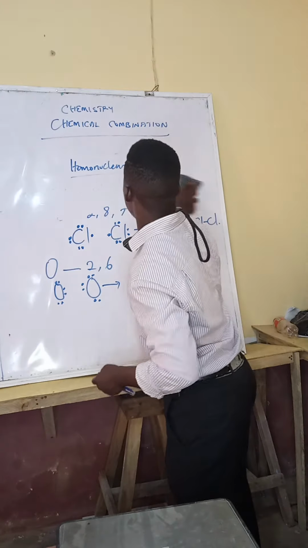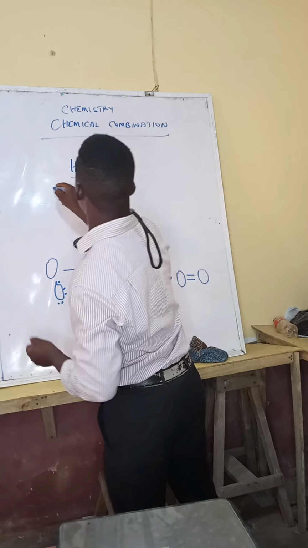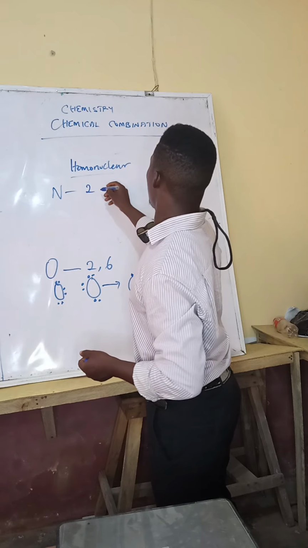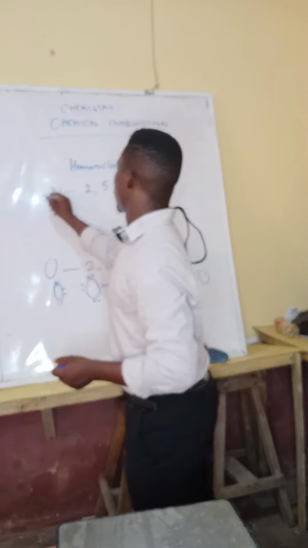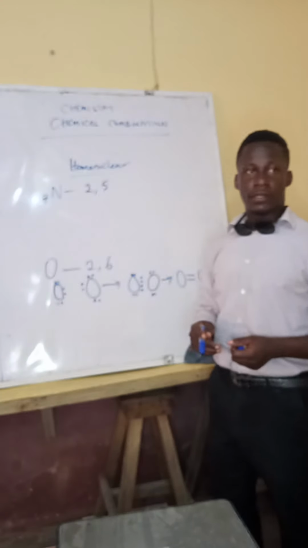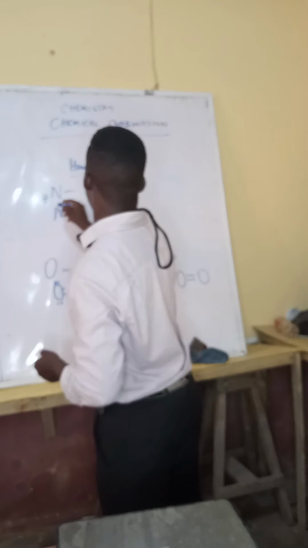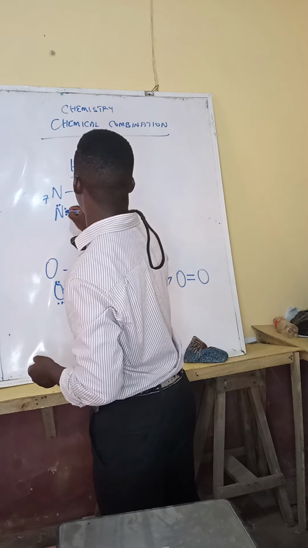So another example that we are going to do is that of nitrogen. In a nitrogen atom, the electronic configuration is 2, 5, since nitrogen is atomic number 7. So when nitrogen atoms are combining, this is how it is. You have 2, 1, 2, 3.